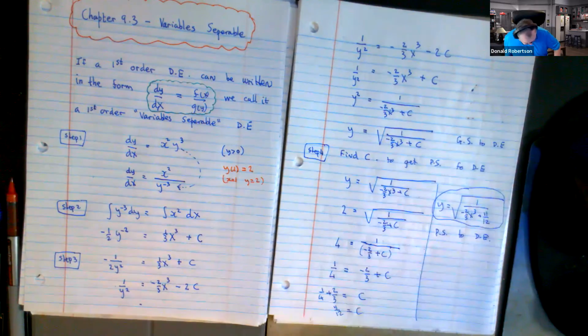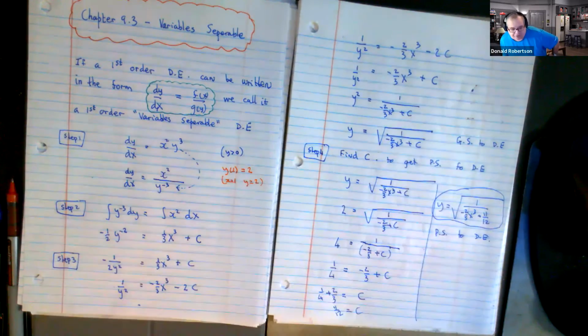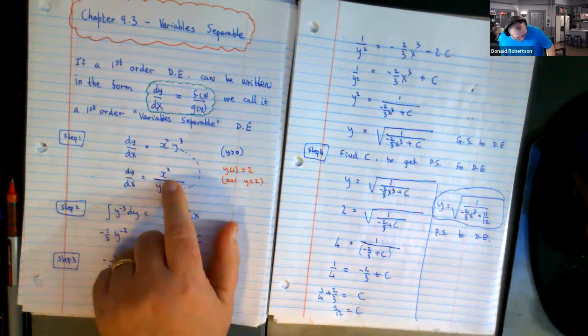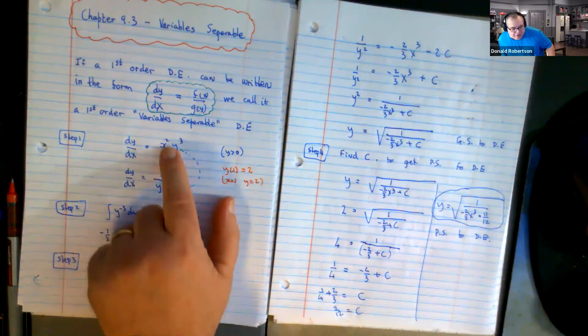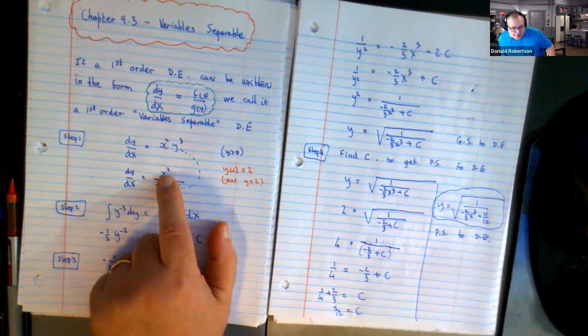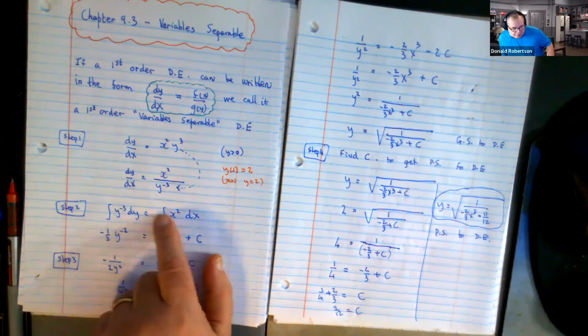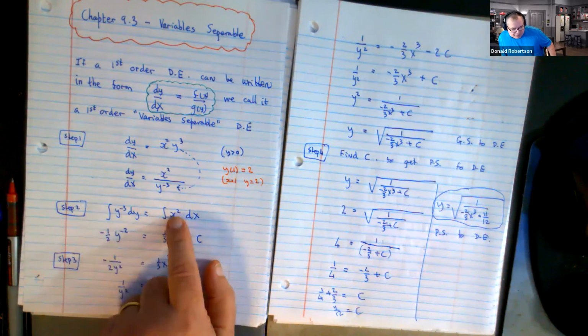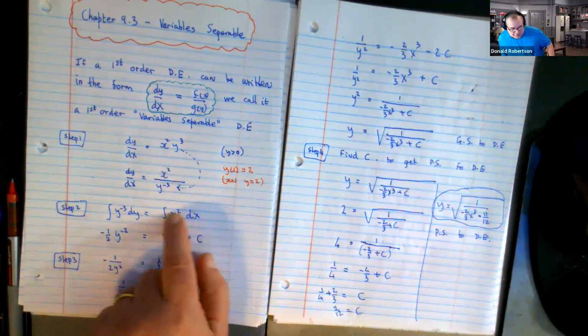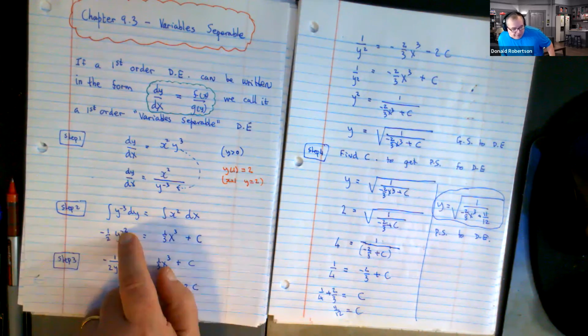And that's basically the template for every variable separable you're ever going to meet. You're going to rearrange it as a fraction with x's on the top, y's on the bottom. You're then going to do this crossover integration thing. Very often this doesn't require a lot of work. Here it was virtually no work at all.